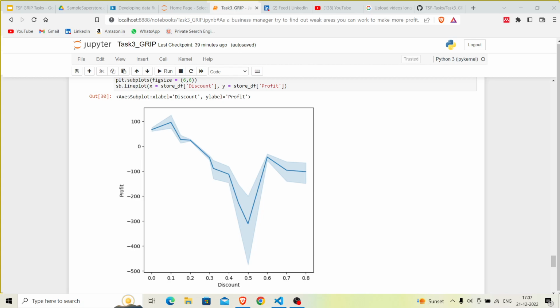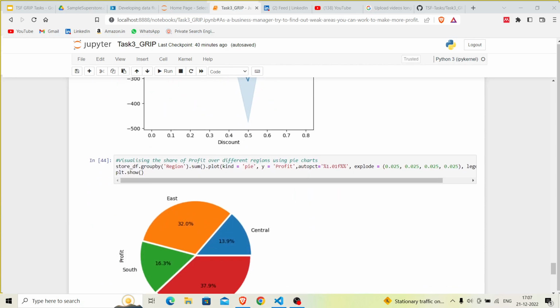So the reason for such a huge decline in the profit between 30 to 60% may be that the customer thinks the item may be old, or that they just want to sell it, that is why they are giving such a high discount. But with the 10 to 20% discount, what we see is customers are buying more, and the items are giving more profit.